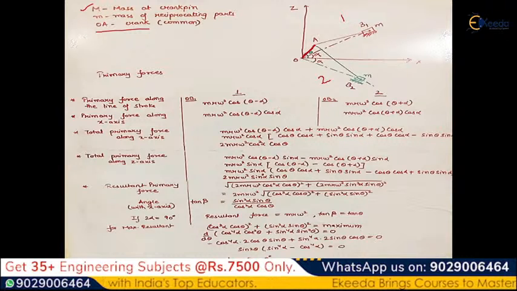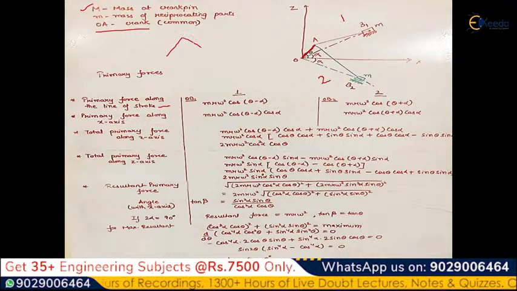Now we know that the unbalanced forces produced because of the reciprocating parts have two factors, the primary and the secondary forces. So the primary force is basically m r omega square cos theta, which we have already derived in earlier videos. So we'll see the primary force along the line of stroke.